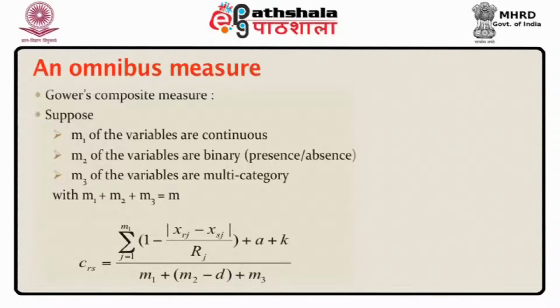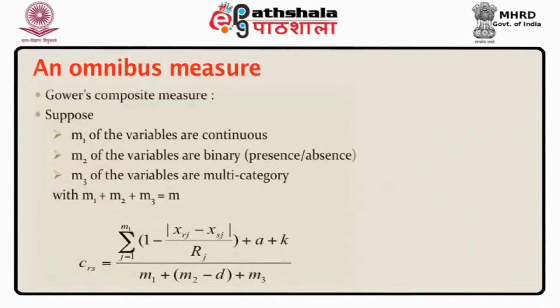If you look at the numerator, the first part of the numerator is summation j equal to 1 to m1, 1 minus the absolute value of xrj minus xsj divided by rj. Now remember, the absolute value of xrj minus xsj divided by rj is a continuous distance measure that we have already looked into.